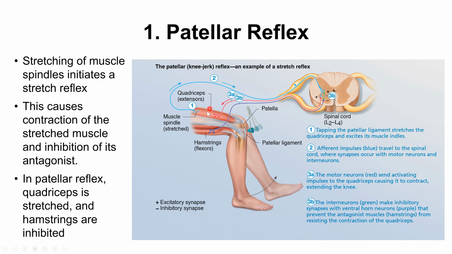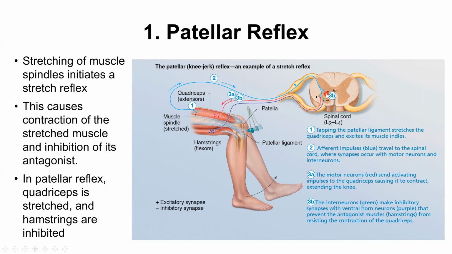And then the sensory or afferent impulses are going to travel to the spinal cord, where they are going to synapse with motor neurons and with interneurons. The motor neuron, which is in red, is going to send an activating impulse to the quadriceps and cause the quadriceps to contract, which extends the knee.